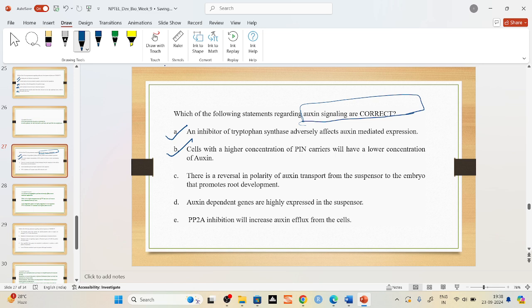So which reduces your local auxin concentration. Higher PIN expression means greater auxin transport out of the cell.